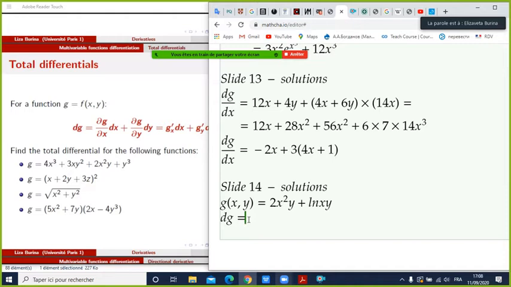Okay, perfect. So now I'm supposed to find the partial with respect to x. That will be 4xy plus, actually, it will come to 1 over x.